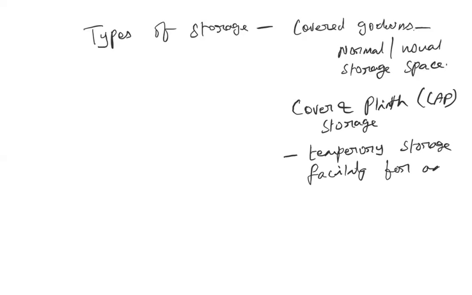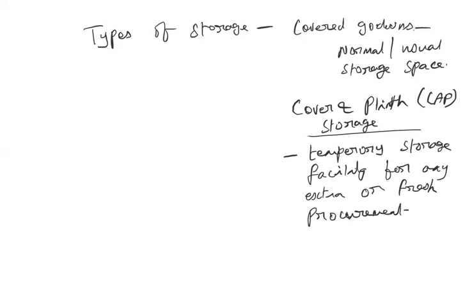So if any temporary storage facility is required, this one is created. So it's a temporary storage facility for any extra or fresh procurement. If you're reading your textbook, you will come across these terms.